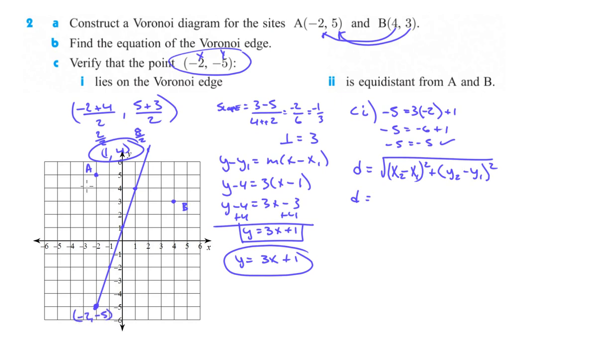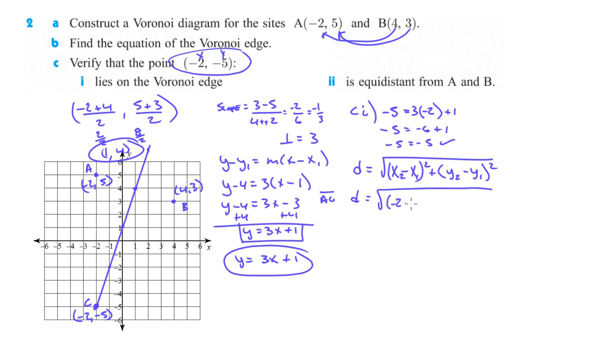This is at -2, 5, and point B is at 4, 3. So we can simply do the distance formula a couple times and show that they're the same. That's site A, that's site B. Let's call this C. So this is going to be the distance from A to C. So we will do the difference of the two x's.